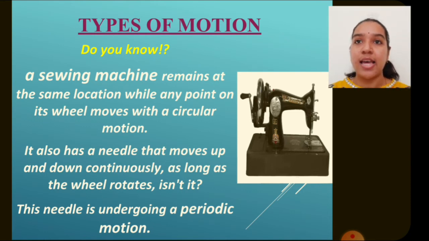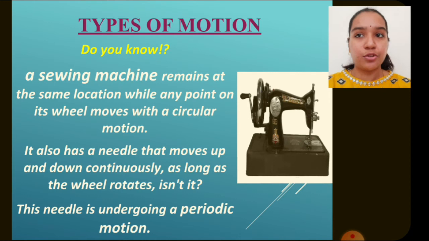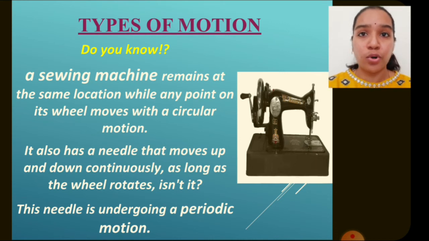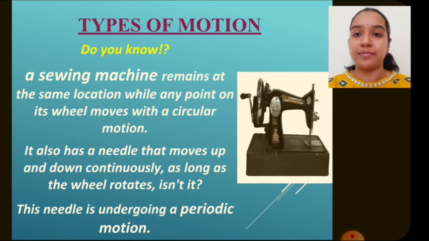That means the needle is undergoing periodic motion here. So here, through this example, we can understand that an object can show one and more types of motion at a time, where a sewing machine can show both the circular motion and the periodic motion at a time.